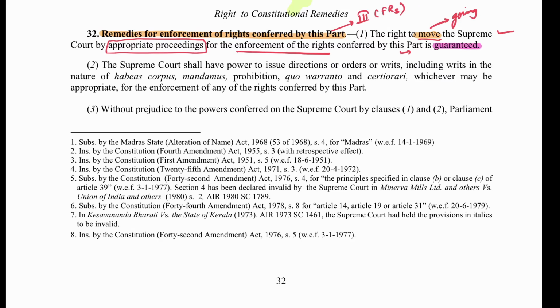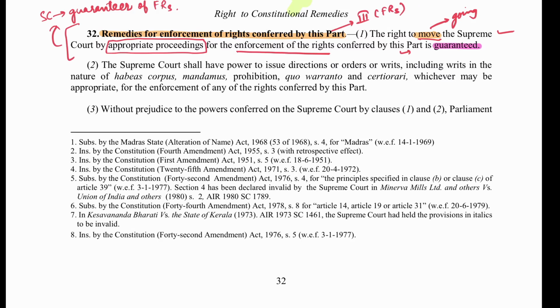Understand this. This itself gives you the idea that the Supreme Court is being described as the guarantor of fundamental rights by the Constitution itself. And this question has been asked in the prelims also.